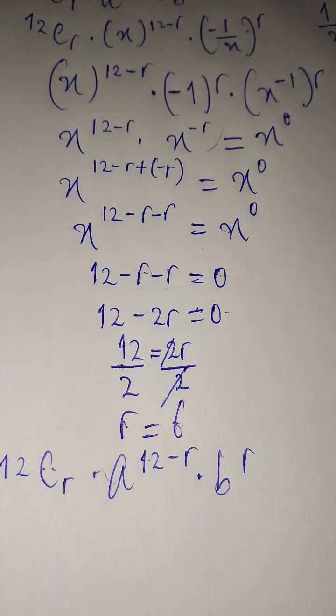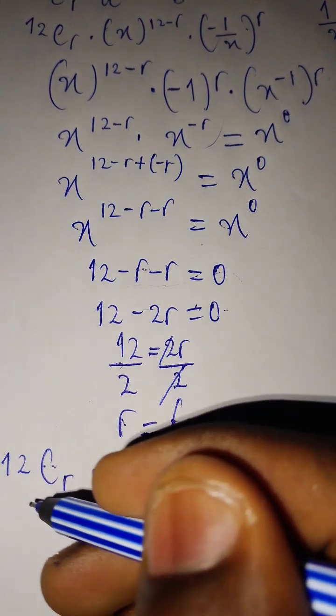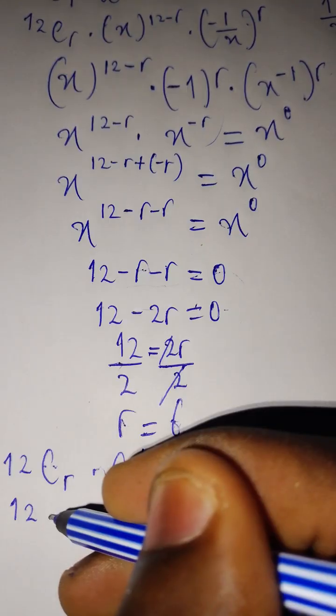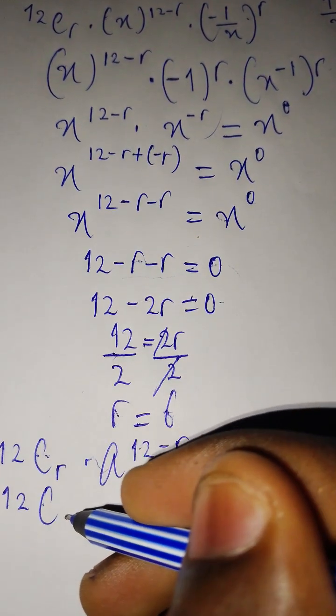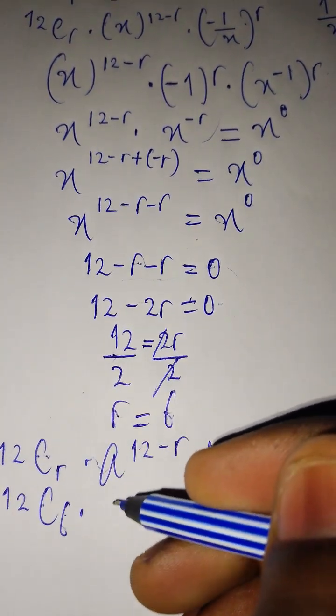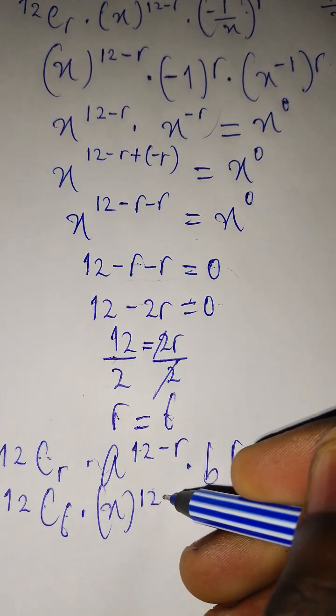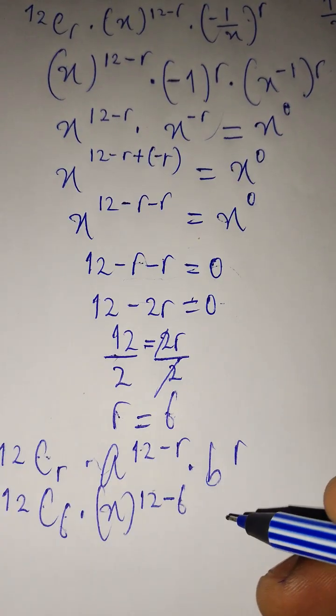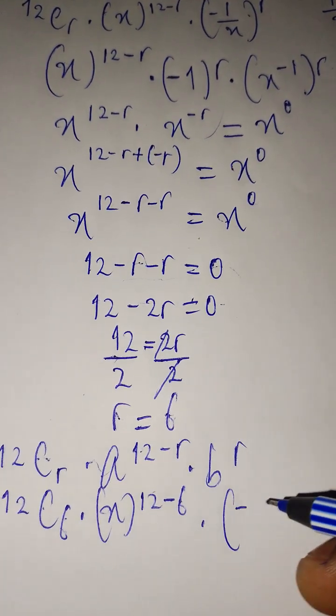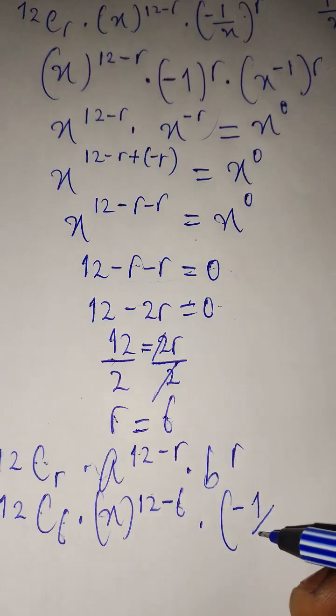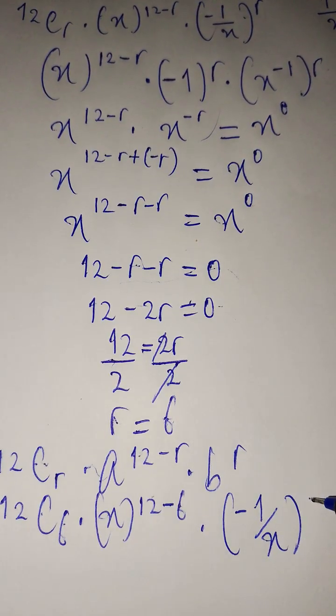Where there is r, we now substitute. So we're going to say 12 combination 6. Our a, it was x, that is to the power 12 minus 6. Our b, it was negative 1 over x to the power r, that is 6.